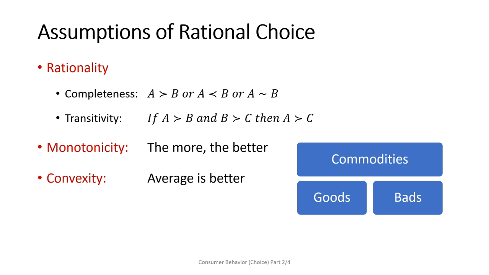The one in which there is a large quantity of X, but a very small quantity of Y. Second, in which there is a large quantity of Y and a very small quantity of X. And third, in which both X and Y commodities are in reasonable quantities. Normally, the consumer chooses the third bundle in which both commodities are in reasonable quantities.